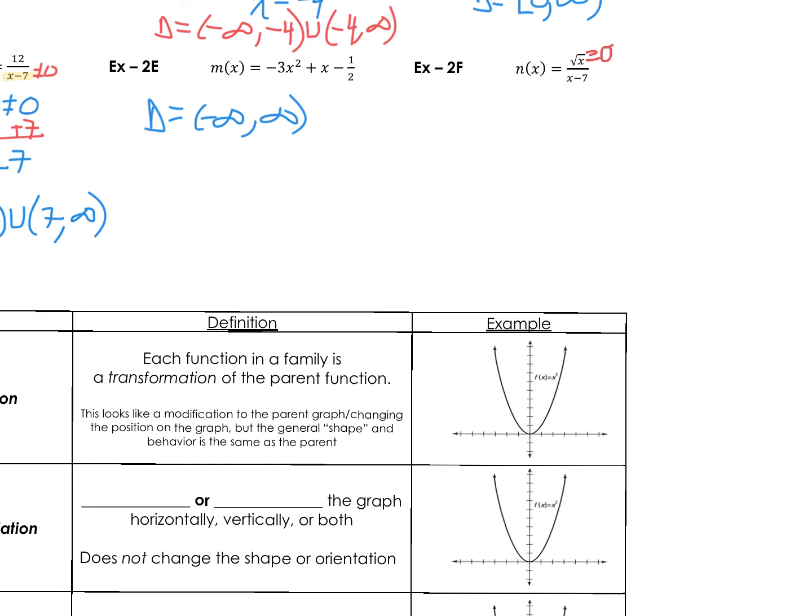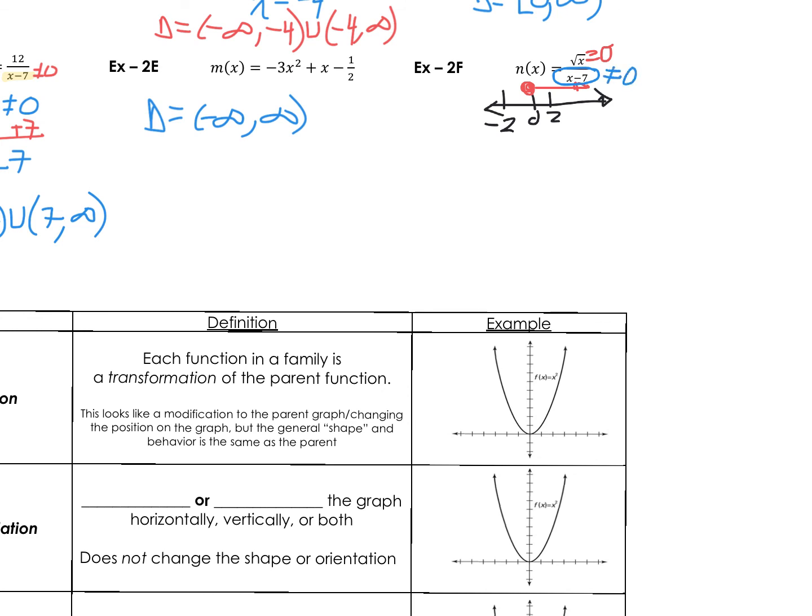So we have two restrictions, and we're going to have to combine the two. For that one, on the number line, greater than or equal to 0 would be a closed circle at 0 and an arrow to the right. Then we're going to take this denominator right there.